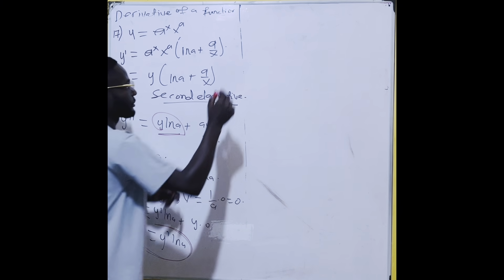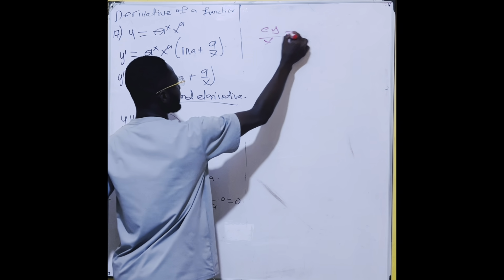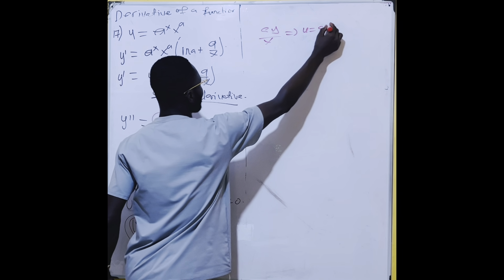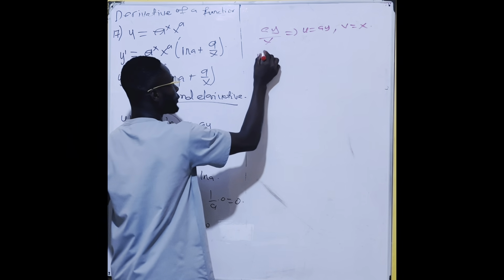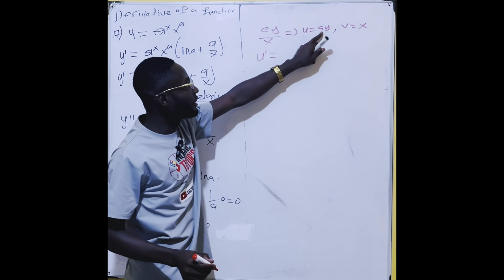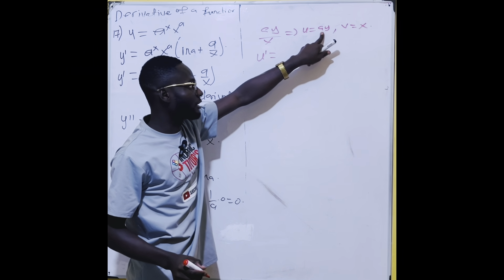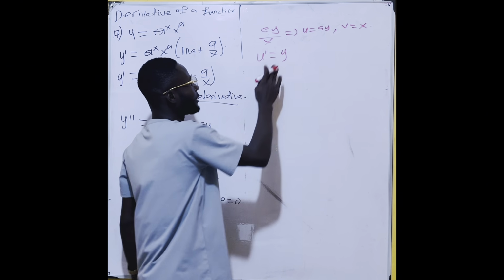Let's come to this. We are going to use the quotient rule, right? So this implies that our u will be ay and our v will be x. So u prime, we are going to use the product rule on this. We differentiate a, which is a constant, we get 0, maintain y, right?